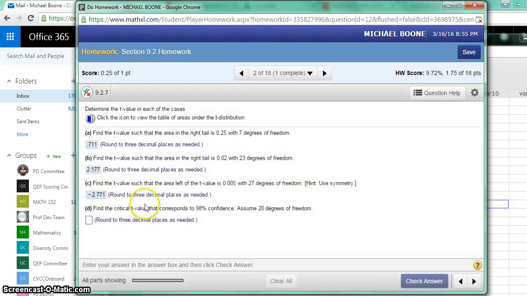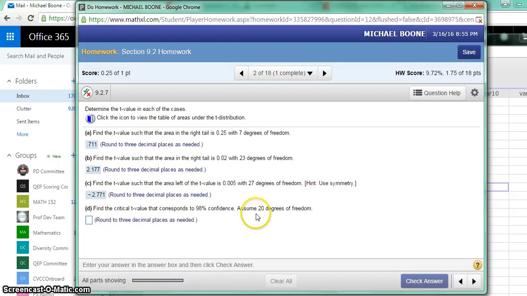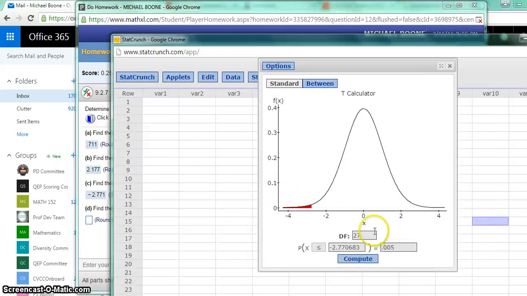And then the last one is a critical t-value that corresponds to 98% confidence. So if I'm looking at 98% confidence, that means that there's 1% to the left and 1% to the right. So we could do it a couple different ways. Again, we know that we have 20 degrees of freedom.